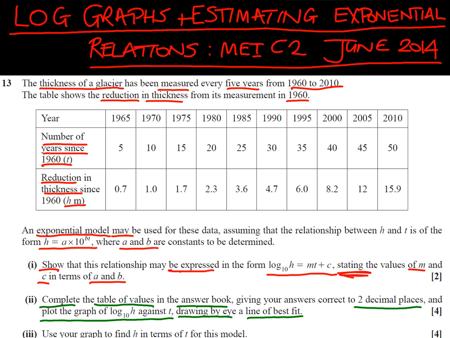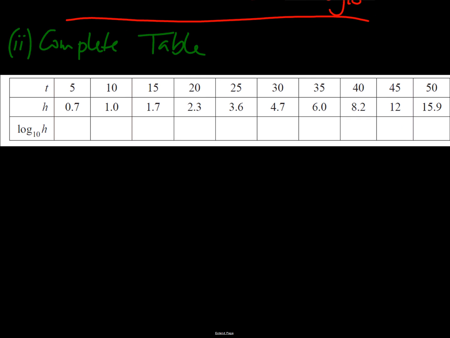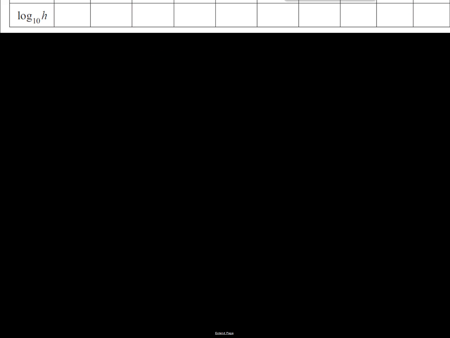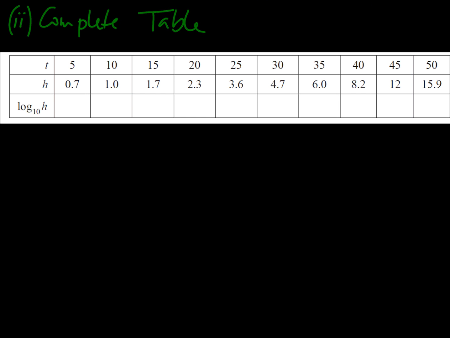Okay, so in the exam they give you a table here to complete. So let's have a look at it, and they've kindly transferred all the data down for us, so that makes life very easy. We could go over to this page, couldn't we, complete it.